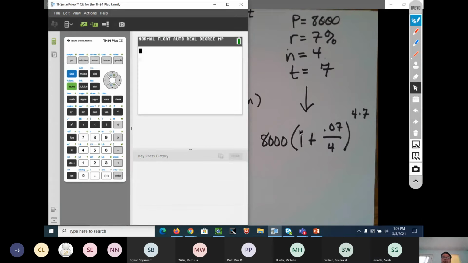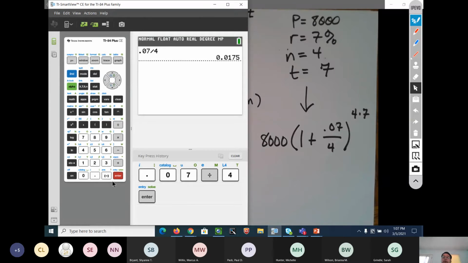I'm going to take 0.07 and divide by 4, and I'm going to hit plus 1. I'm going to let y'all get caught up because I know there's 2 or 3 of y'all that probably don't even have a calculator out yet. So go ahead and see if you can get that: 0.07 divided by 4 and then hit plus 1. Okay.